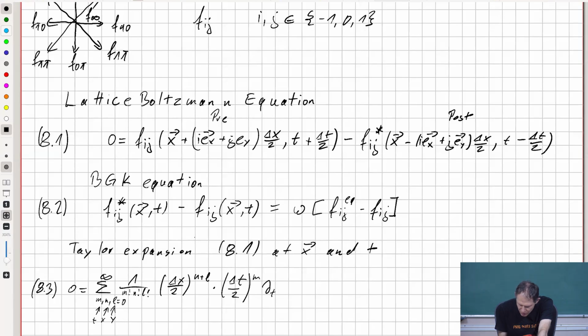And then come all these derivatives: the mth derivative in t, the nth derivative in x, and the lth derivative in y. So here we still have i to the power of n, j to the power of l for f_ij. I don't write that this is at x and t because this is our development point.